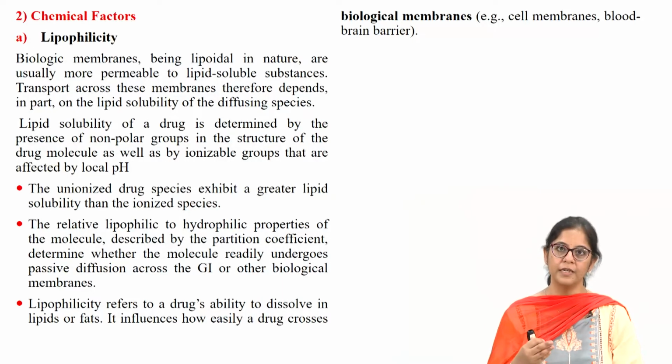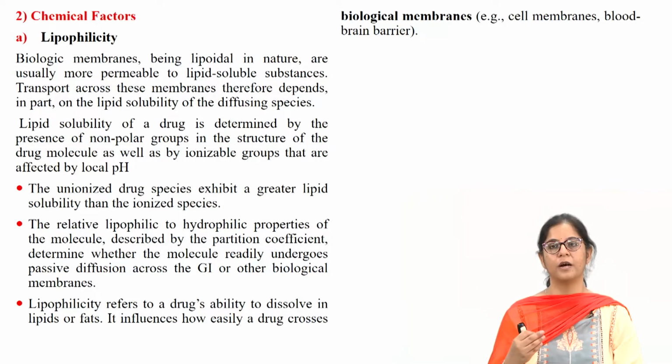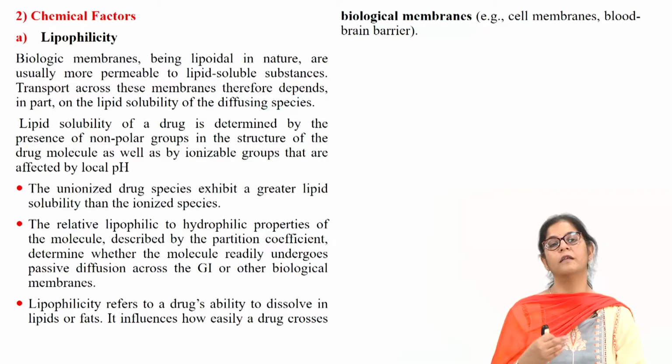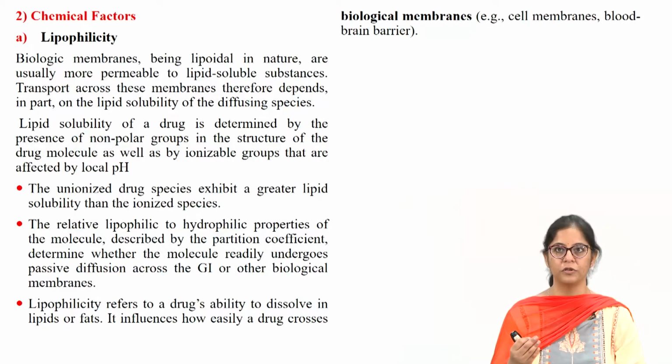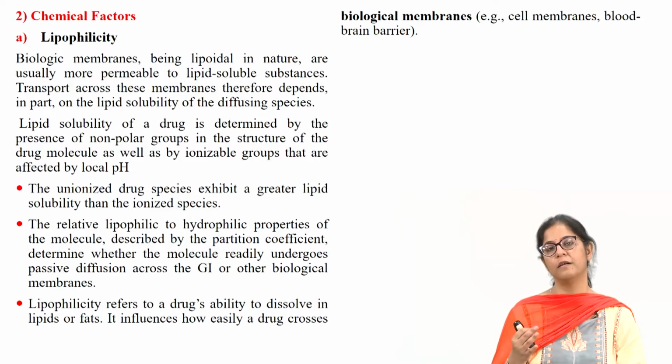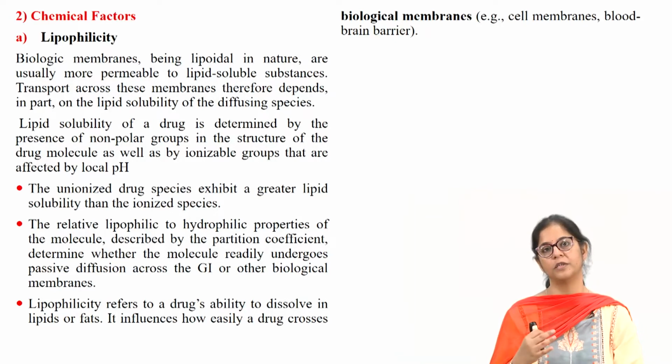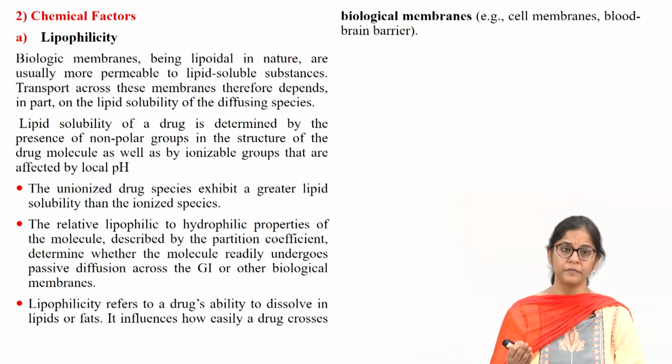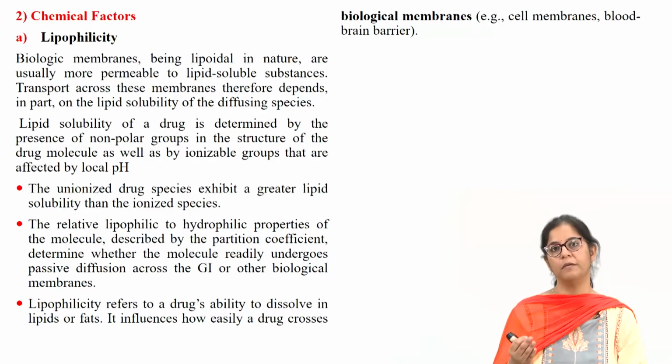The relative lipophilic to hydrophilic properties of the molecule is desired, and this is described by the partition coefficient. This further decides whether the drug will go by passive diffusion across the GI tract or it requires an active transport, because ionized species are as well transported across the membrane by active transport mechanism.